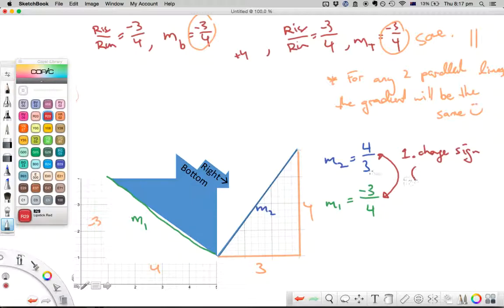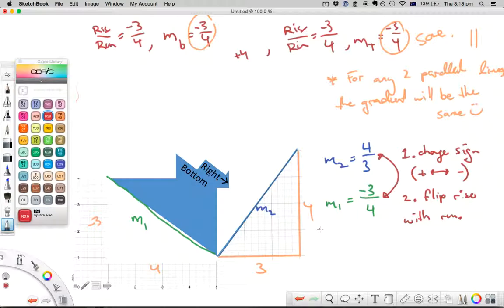So if we're going from top to bottom, we need to times by -1, or go from positive to negative, and if we're going from the bottom to top, we have to go from negative to positive, depending on which way we're going. And the other thing we have to do is flip rise with run.